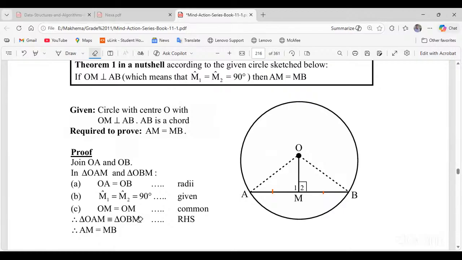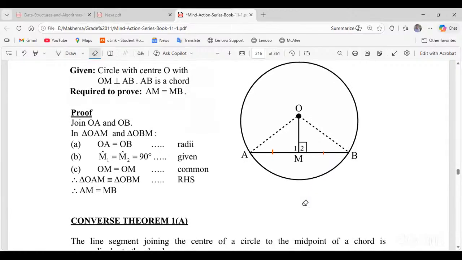Okay, thank you. Then by us proving the congruency between the two triangles, because already this side is equal to that and this is equal to that, automatically AM will be equal to MB. Then now we are done with what? With theorem 1. We are done.